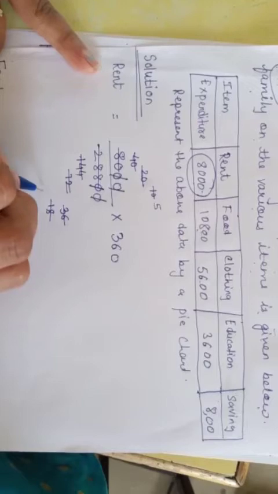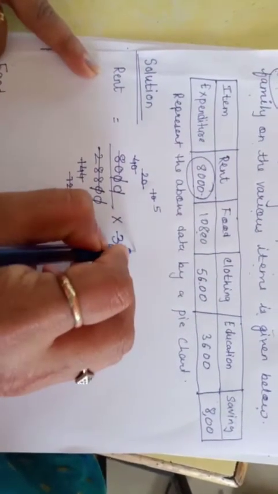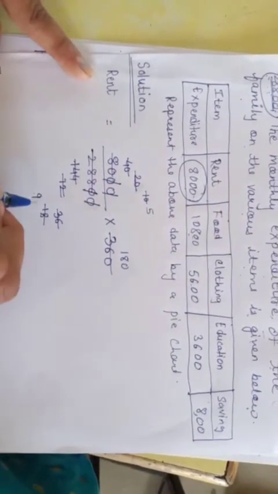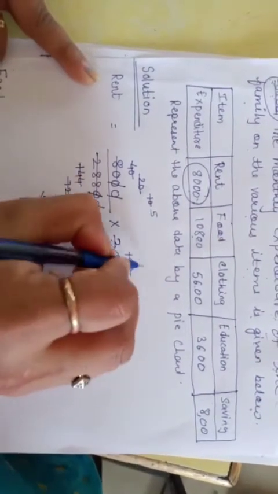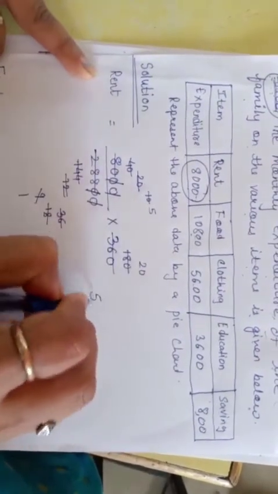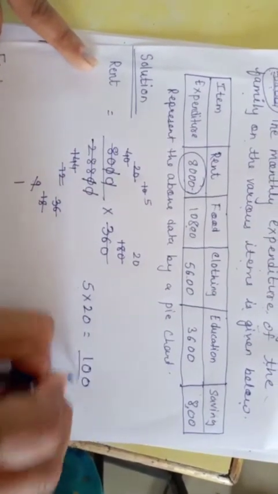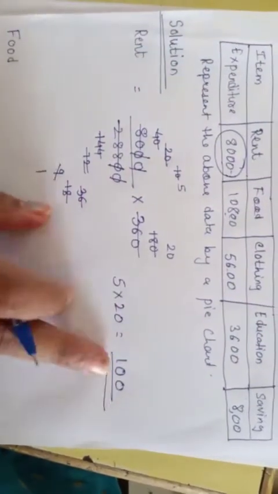Then 18 will be divided by 2. Then again 9 and this will be 180. 180 we will be cutting it by 9. So this will be 1 and this will be 20. So 5 into 20 is equal to what? 100. So the division of rent is 100.